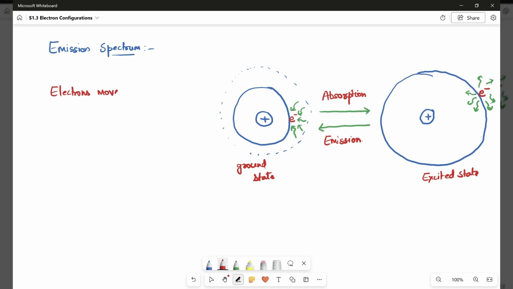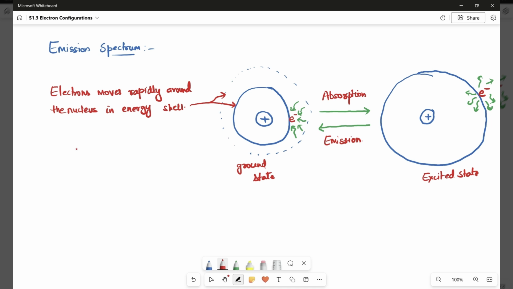So we can say that electrons move rapidly around the nucleus in energy shells. Now what is an energy shell? This is an energy shell. This is also an energy shell, right?